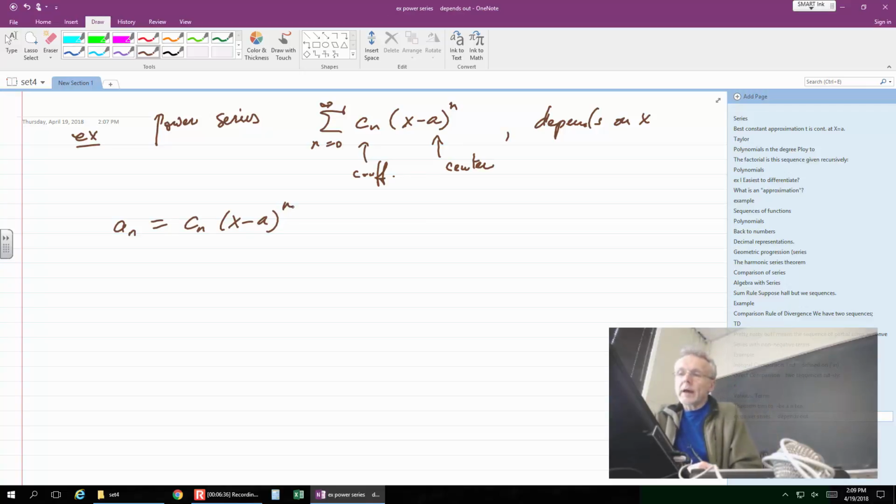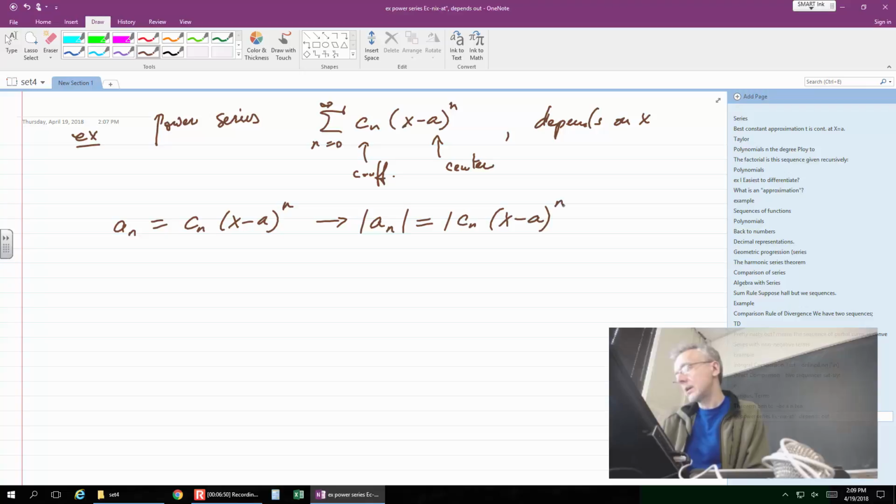If you want to connect this power series to the theorem and the definitions, this is my sequence, and then I go on to look at the sequence of absolute values. It will be |c_n (x minus a)^n|, which can be factored out, and we have |c_n| times |x minus a| to the nth power.